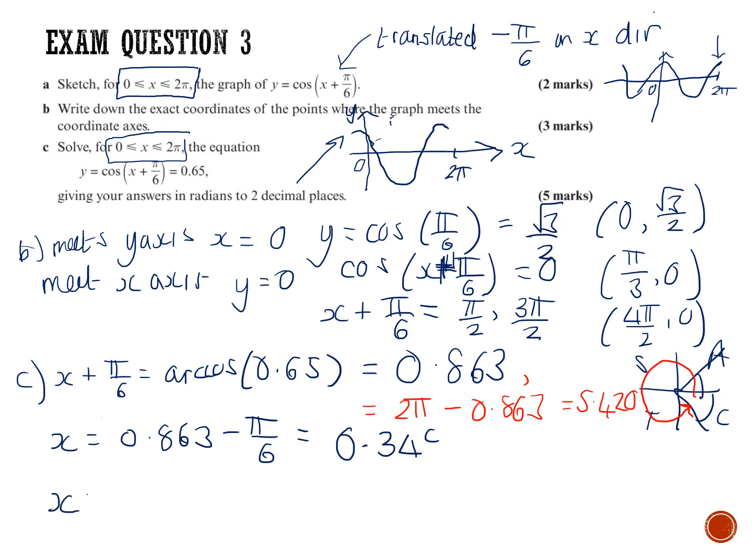My second answer is 5.420, and again I take away pi by 6, which gives me 4.90 radians. You can put those back into your calculator and do cos of that plus pi by 6 and make sure you roughly get 0.65. If you do, you know you're fine.